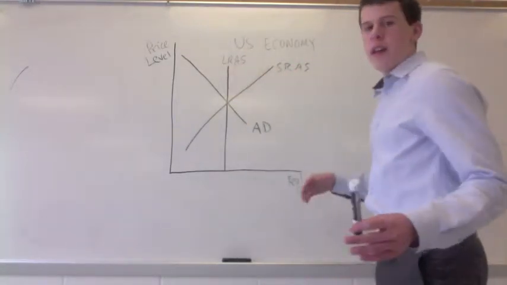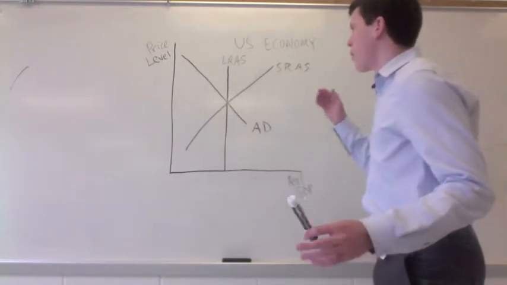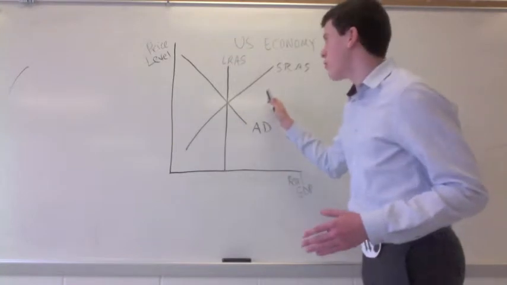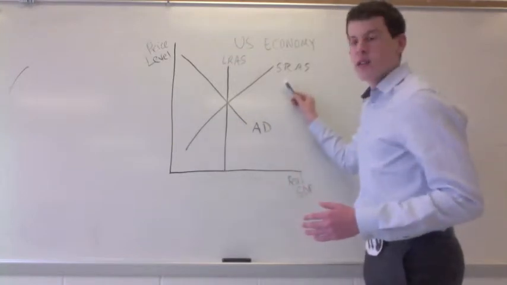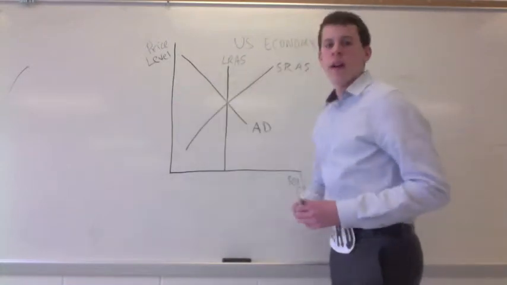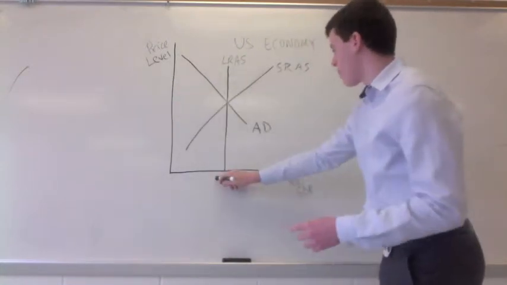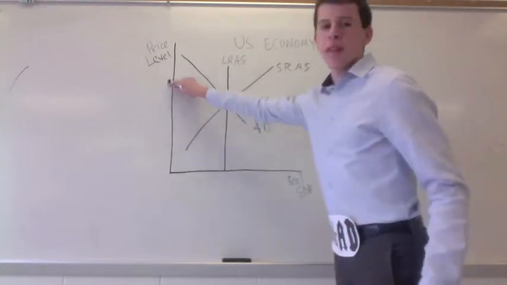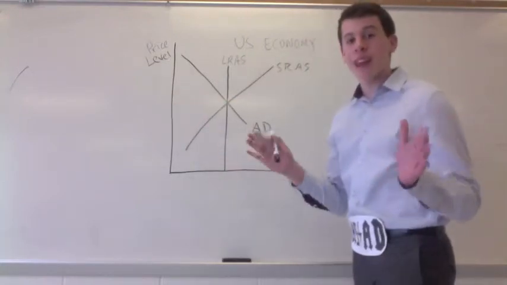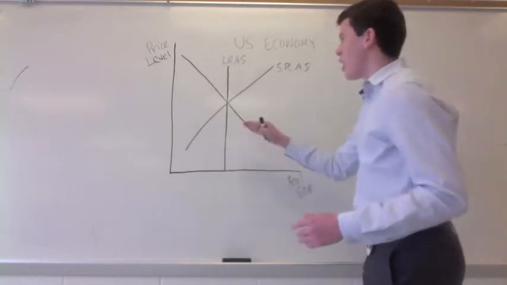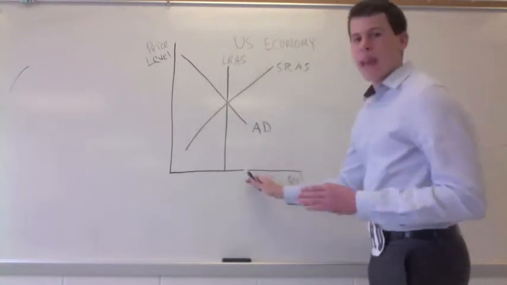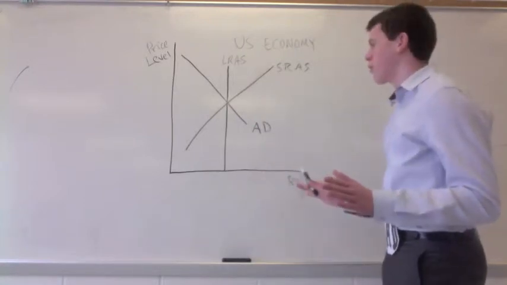Sticky wages is just the concept that when price level goes up in the short run, wages don't change. So that means the cost to a firm of producing stays the same even when prices go up. That means that they can produce more even if prices go up. So that's why it's upward sloping. In the long run, wages are not sticky. So the cost of producing also rises with the rise in price level. So they can't produce any more output than they were producing.